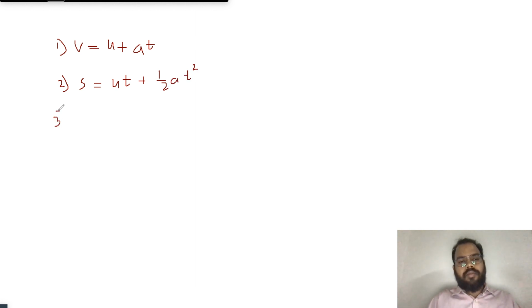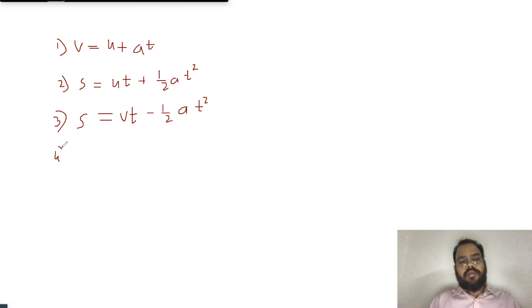Now mostly people use three equations, so I'll give you two more. The third equation is s is equal to vt minus half a t square. So what this does is, if the final velocity is given to you, you don't have to simultaneously solve; you can directly use this equation, s is equal to vt minus half a t square.